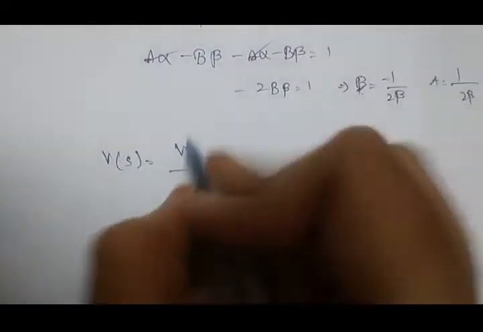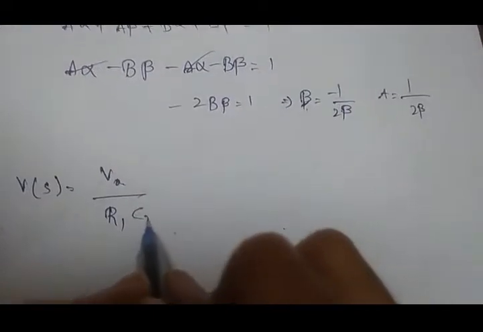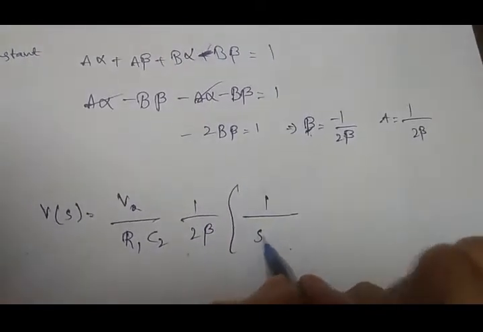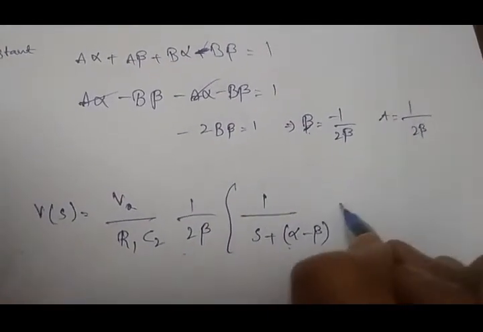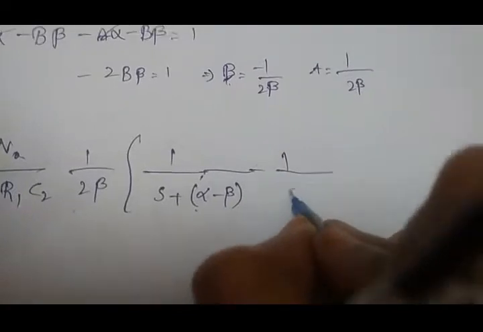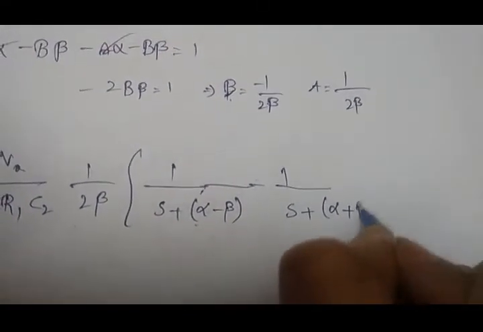So try to substitute in your equation. So V of s equals V naught divided by R1 C2, 1 by 2 beta, 1 divided by s plus alpha minus beta, minus 1 divided by s plus alpha plus beta.